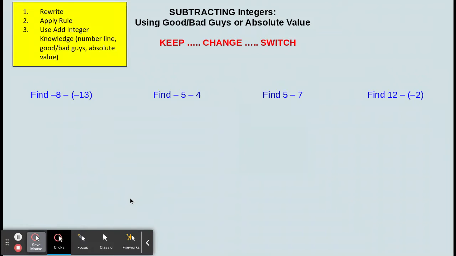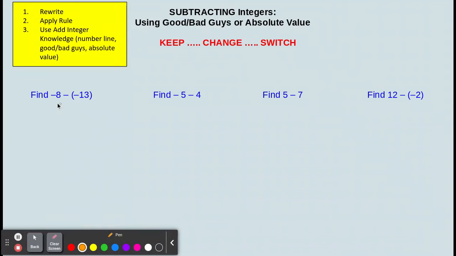All right, the next way we can subtract integers: first we applied our rule and then we used the number line. In this one, we're going to apply our rule and we're going to use either good guys, bad guys or absolute value. Okay, so let's start with this first one.